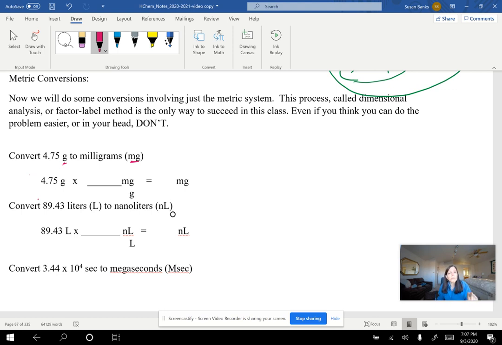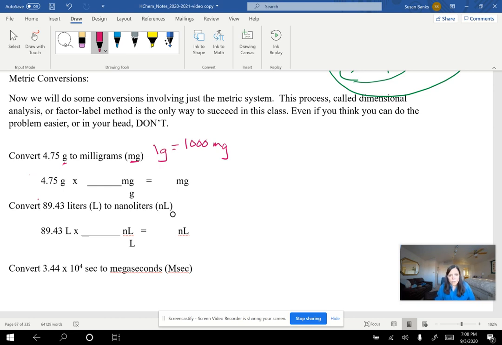Now, if I remember the relationship between those two units, and hopefully you're starting to memorize these prefixes and the relationships between them, I remember that I have 1 gram and I will have 1,000 milligrams as that equivalent. So we're going to use that relationship in this problem.